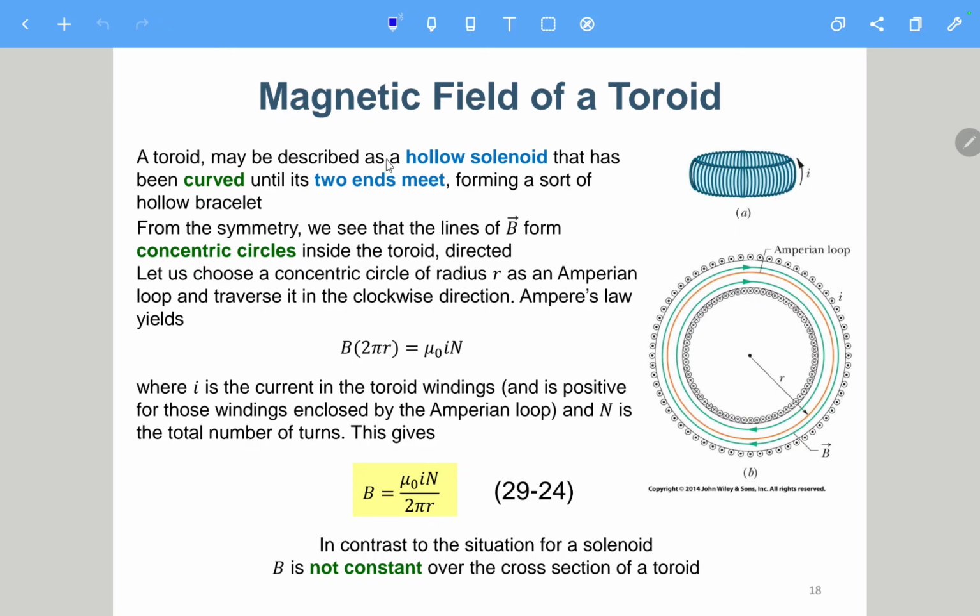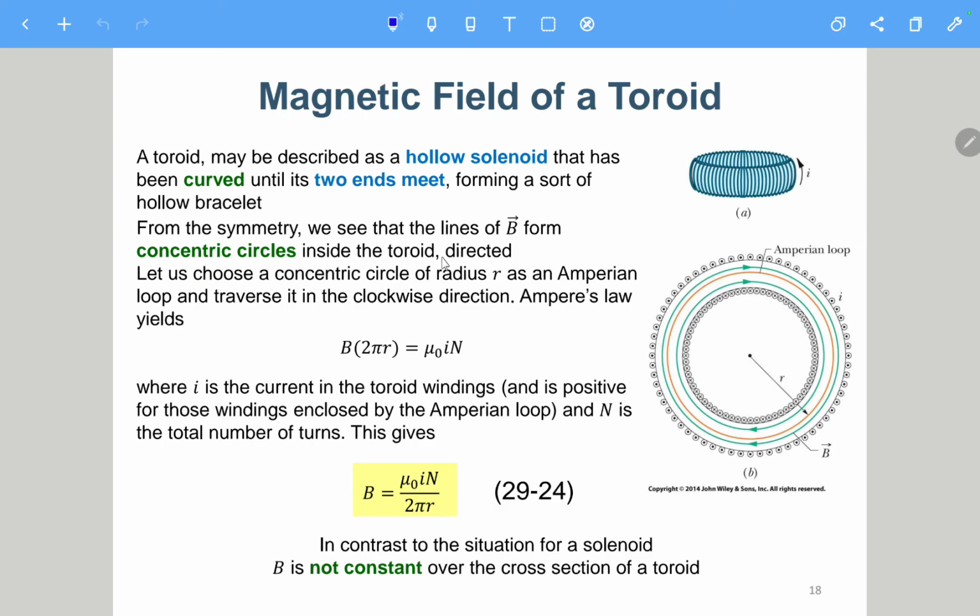A toroid may be described as a hollow solenoid that has been curved in until its two ends meet. So you touch the front to the end, forming a sort of hollow bracelet.